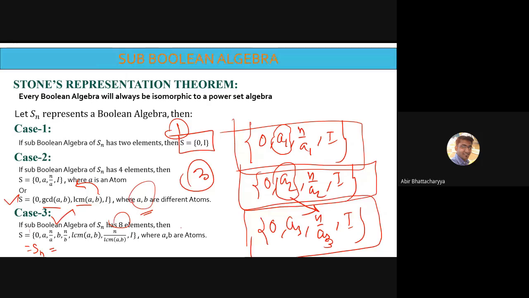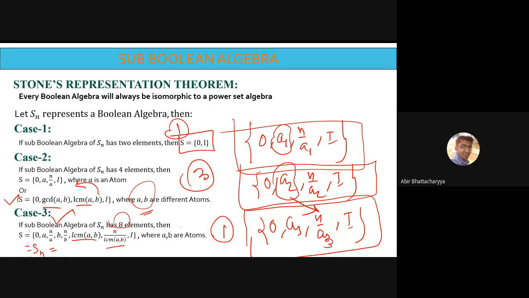That means in case 3 we will have only 1 possibility. The structure can be written as 0, I, a, n by a, b, n by b, c, n by c with 3 atoms a, b, c, or else you can take LCM of ab, n by LCM of ab, LCM of bc, n by LCM of bc.